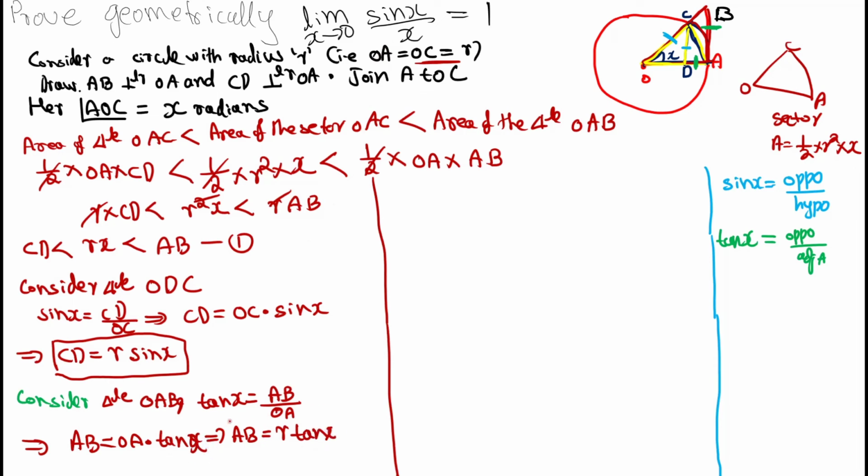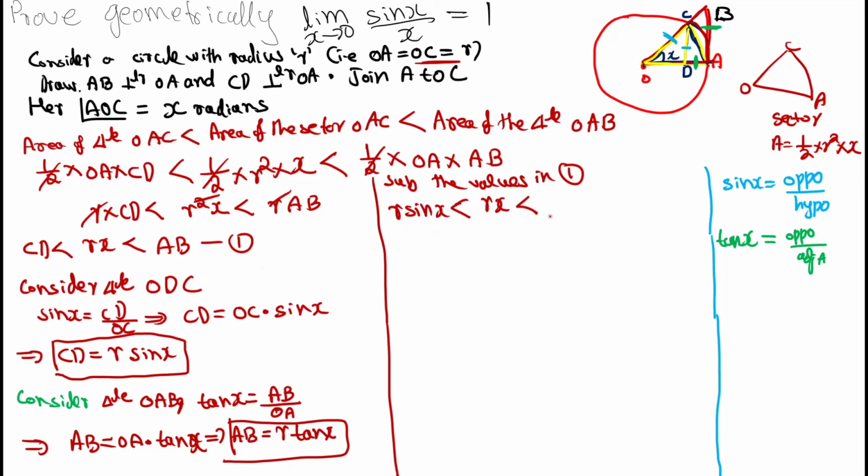Substituting the AB and CD values in equation 1, CD is R sin x, which is less than Rx, which is less than the AB value.